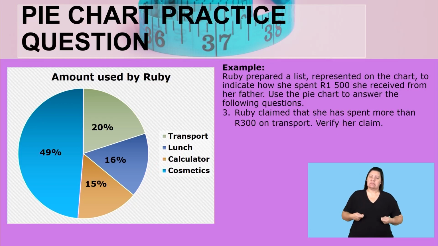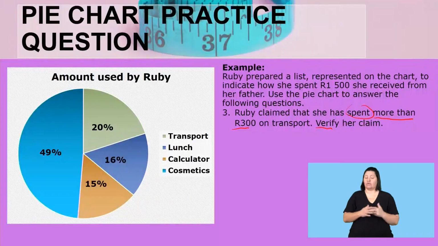Ruby claimed that she has spent more than 300. The words more than are so important because we are not just looking at the 300 rand. She claimed that she spent more than 300 rand on transport. Verify her claim. The word verify implies that you calculate the amount that she has spent, you get your answer, and you compare your answer versus what is given in the claim.